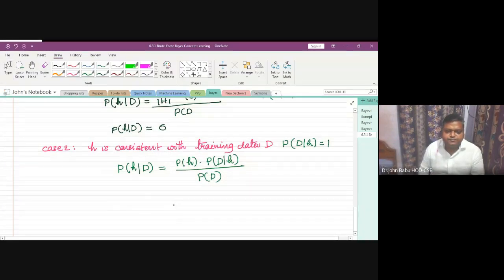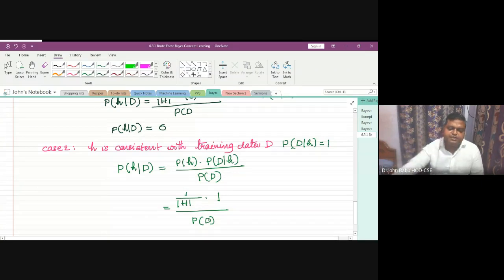So, this is equal to 1 by magnitude of H. And what is probability of D given the hypothesis? Because it is consistent data, it is 1, by probability of data.